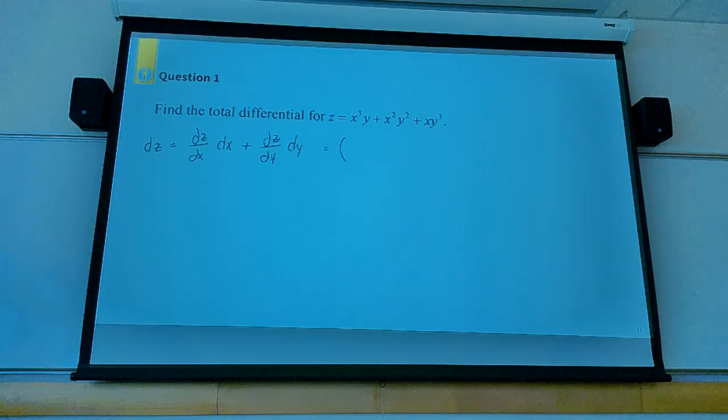Partial of z with respect to x. Now partial z partial y. And there's your total differential.